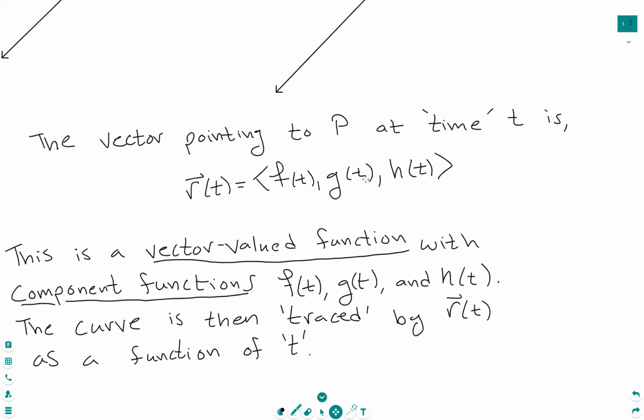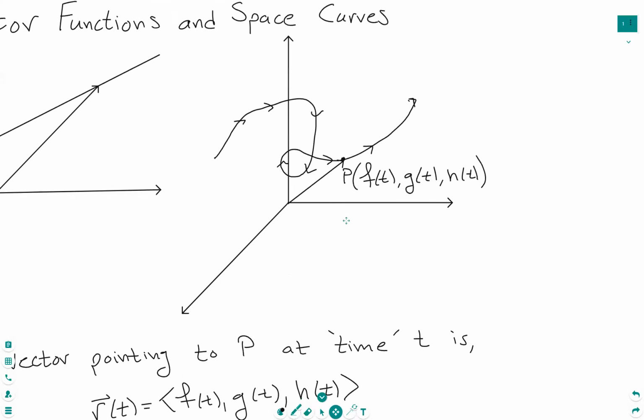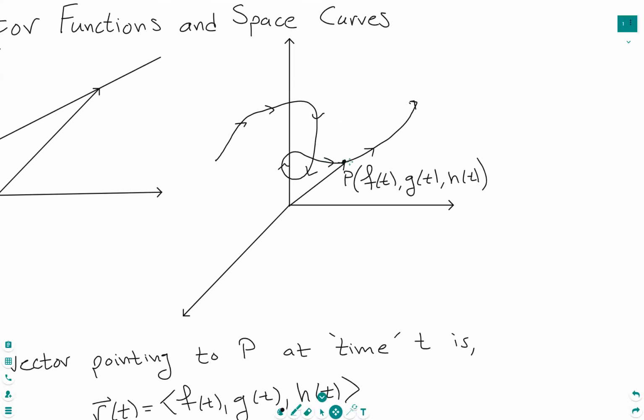Right, so imagine we're looking back here. Imagine we're at some point, and as I increment t, I start to trace out this curve because my vector will always be pointing to the particle as it travels there.